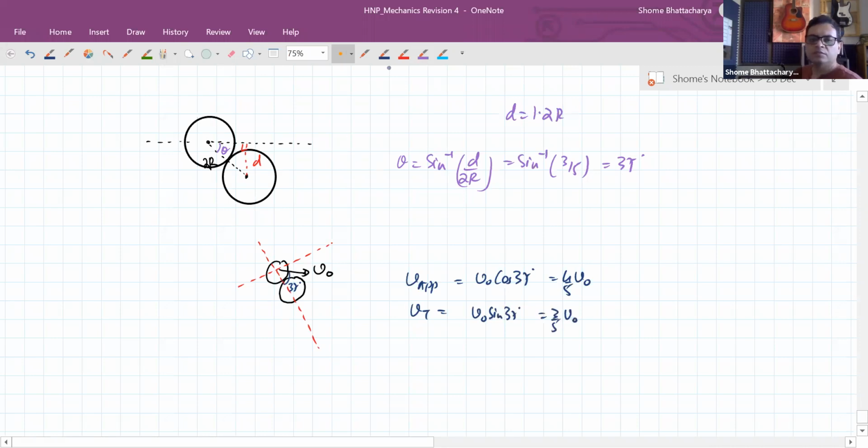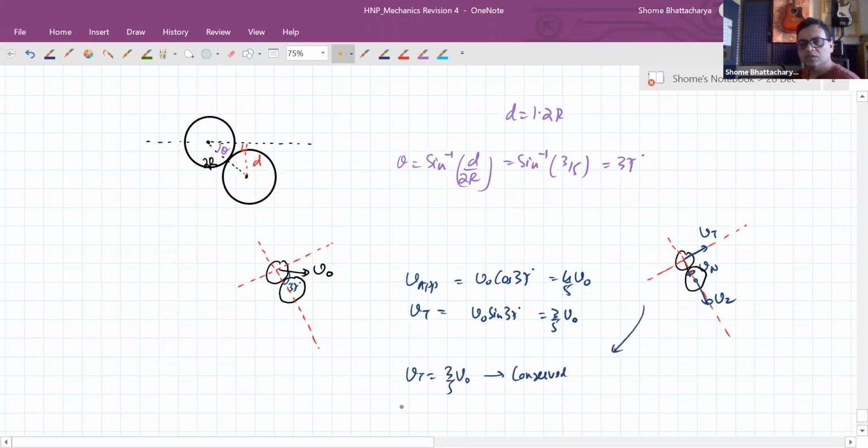After impact, this will have a V2, and this will have a normal component like this and a tangential component like this. The tangential component remains 3 by 5 V naught, conserved.